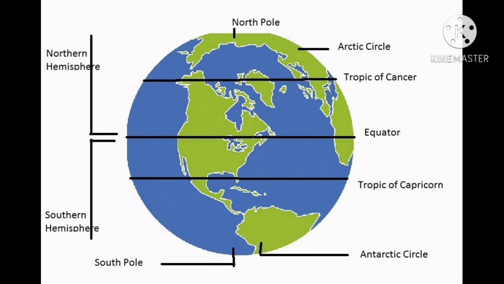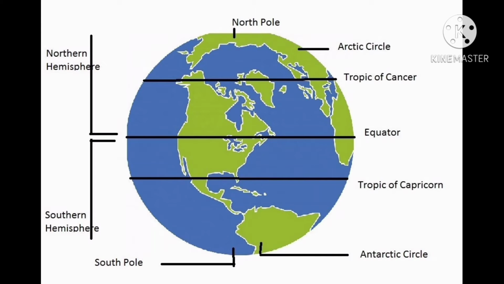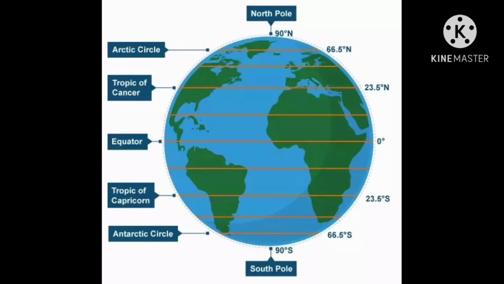The center point of the globe in the north is called the North Pole and in the south it is called the South Pole. These latitudes are mentioned by different names at different angles. They are drawn from 0 degree at the equator towards 90 degree at the poles.